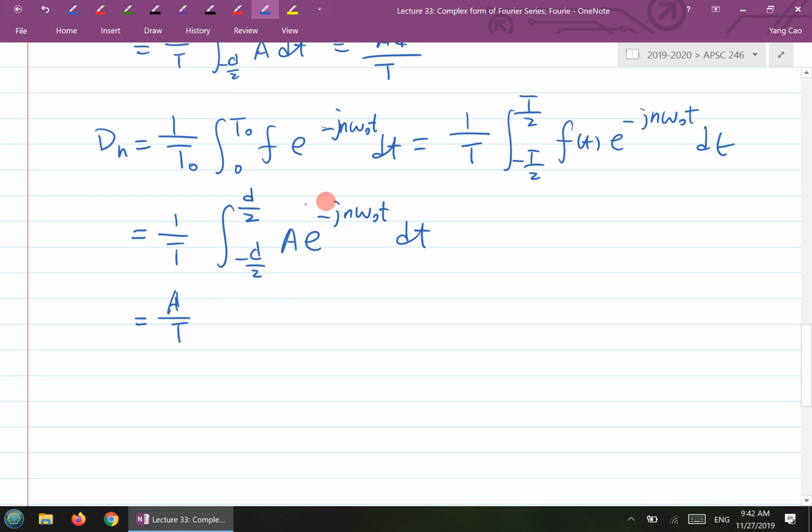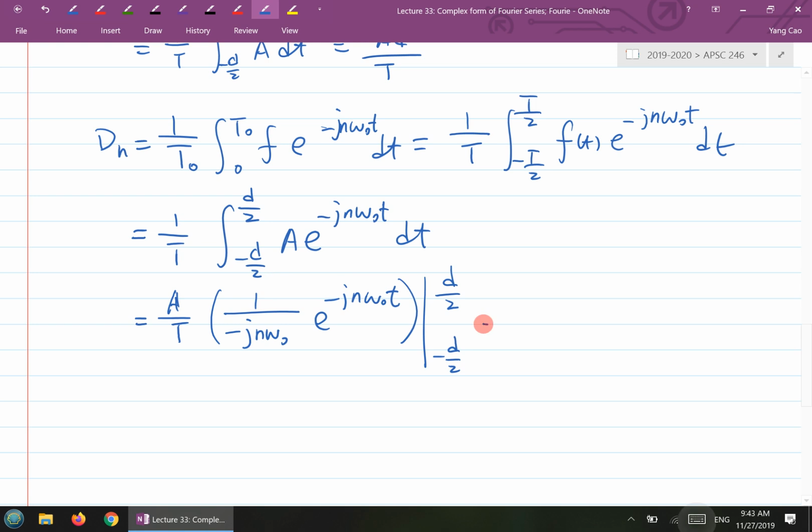The integral of the exponential is 1 over negative j n omega naught here, and this is basically the result of this integral. Plug in the limits. Once you plug in the limits for t and simplify this complex number, you multiply the j at the bottom and the negative j at the top, to move the j to the top.